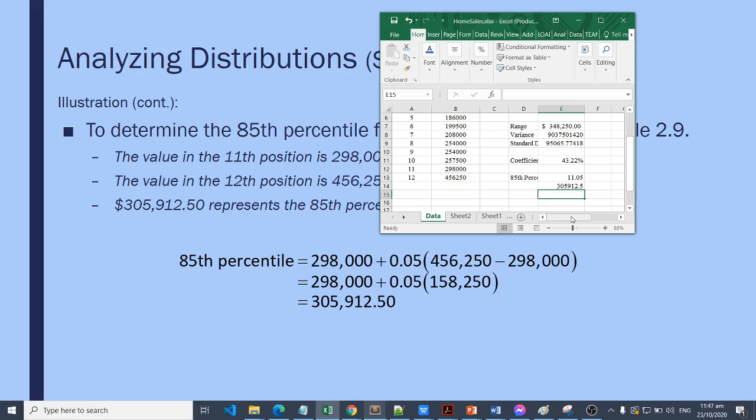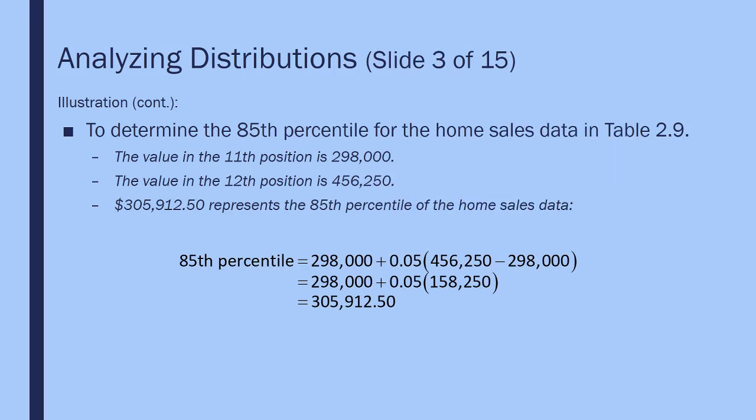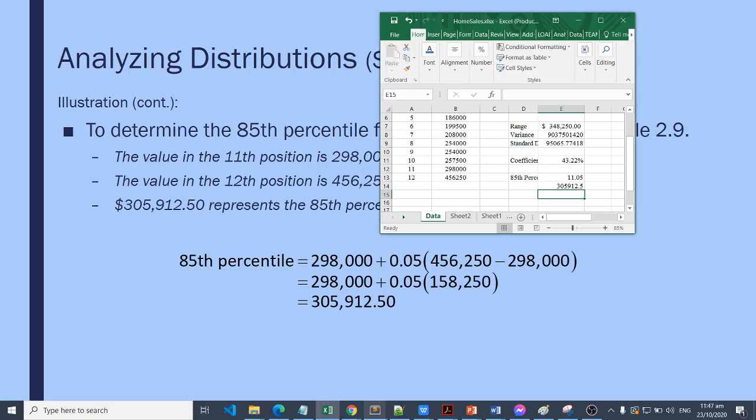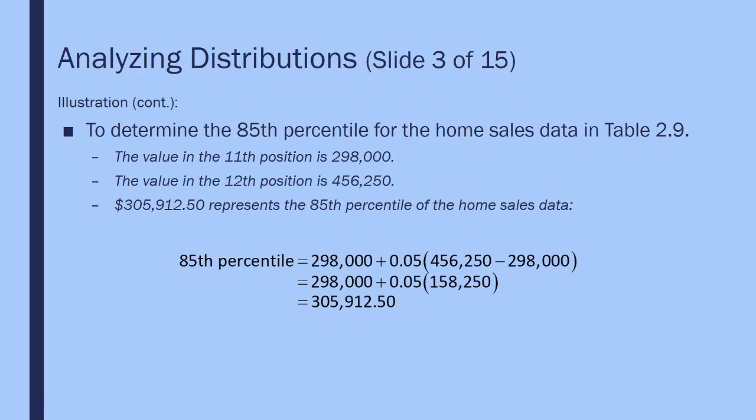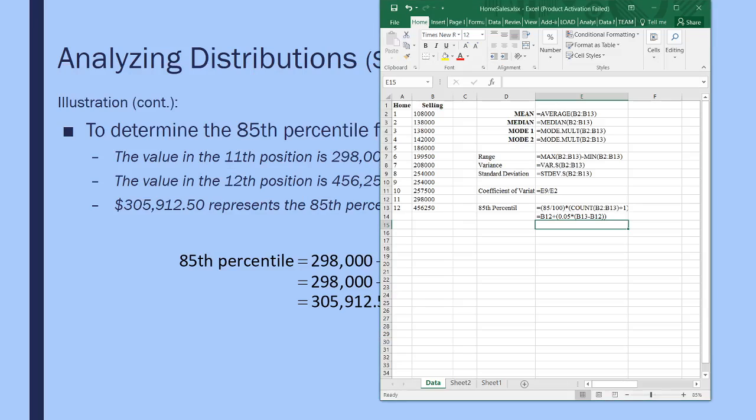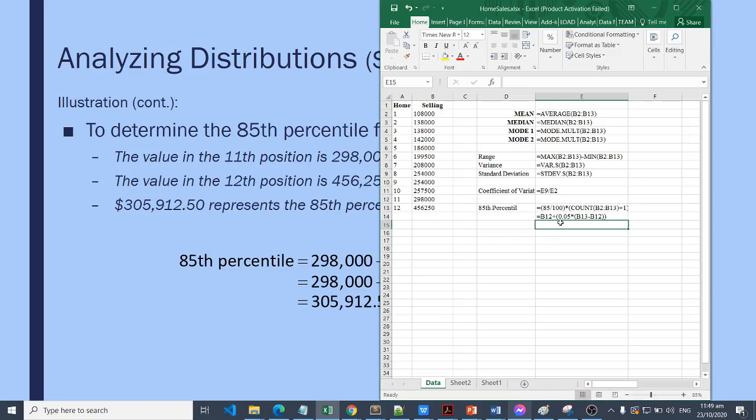So we have here 305,912.50. This is the manual way of getting the 85th percentile.